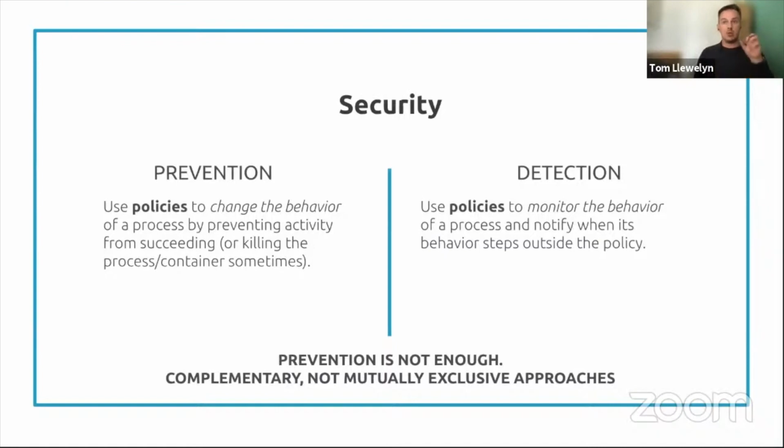The other aspect is detection, where you're looking at what's happening live on a system and looking to detect things that look suspicious. It could be a process suddenly talking to a new network, or accessing files and modifying binaries, those sorts of strange behaviors, and picking up on those.